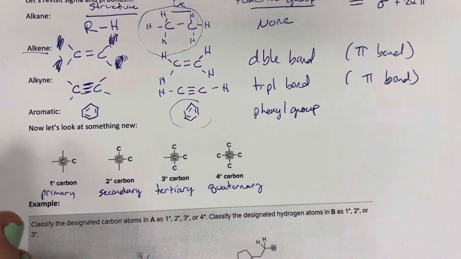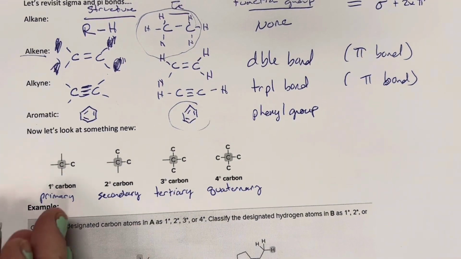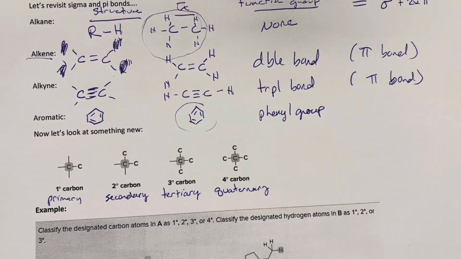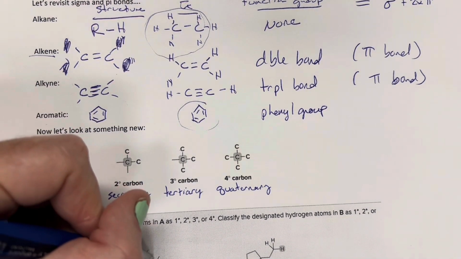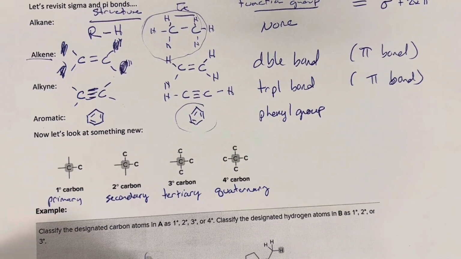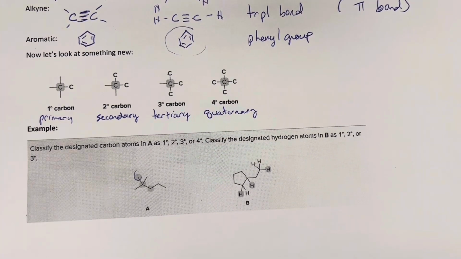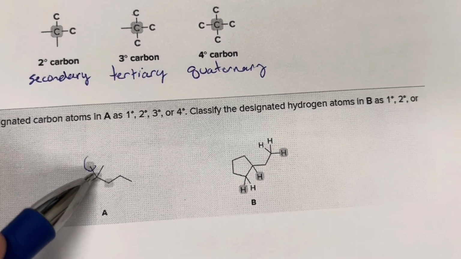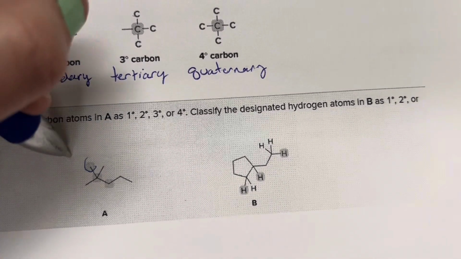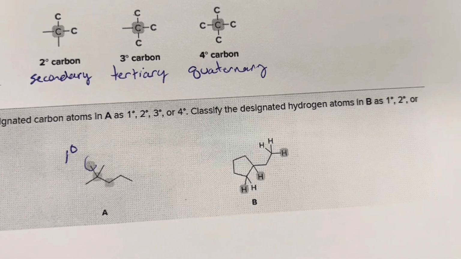Okay, so let's see if we can recognize primary, secondary, tertiary, and quaternary carbons in here. So this first one right here, in A, I see that this carbon is bonded to just 1 single carbon right here. So this would be called primary.